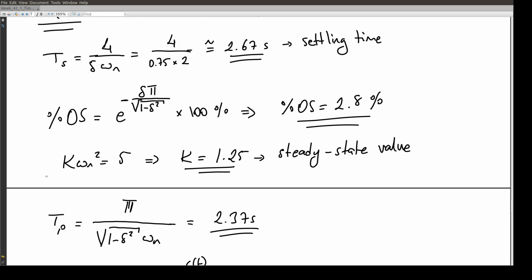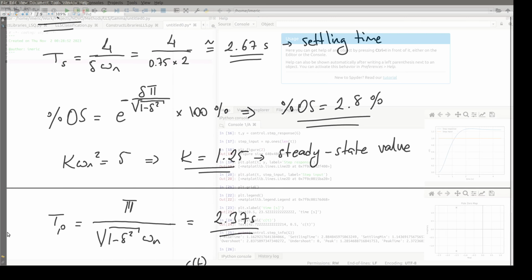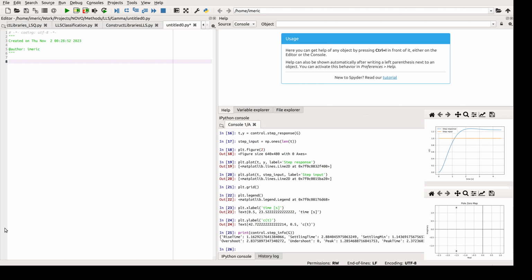This is the value we calculated by hand. Python gives us also, let's see, if we look at the steady state value, 1.25. Yes. So everything seems to be in order.